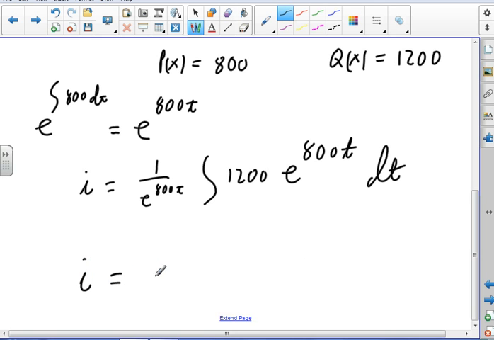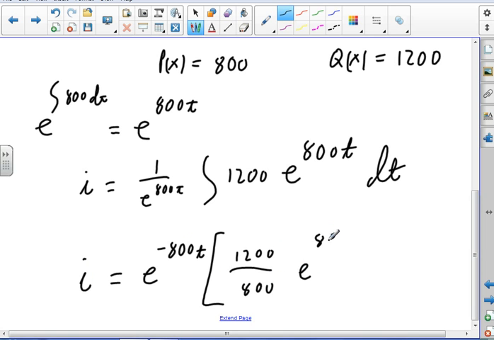I is equal to e to the minus 800t times... Okay, so I needed 800. All right, so this is going to be 1200 divided by 800 e to the 800t plus c.